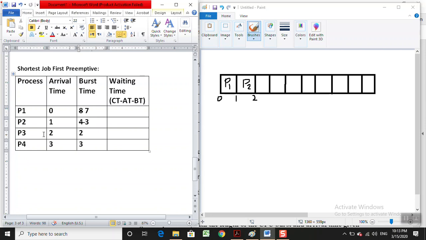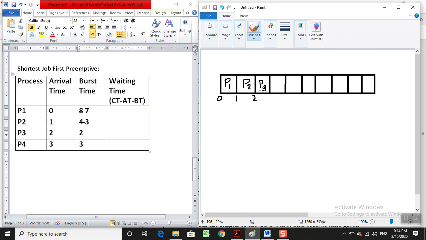And what is the burst time of P3? It's 2 milliseconds. Now which one is shorter? P3 has a shorter burst time. Now P2 will be preempted and forced to stop and P3 will be scheduled for execution. Why is it so? Because P3 has a shorter burst time. Okay, so now P3 will be scheduled here.